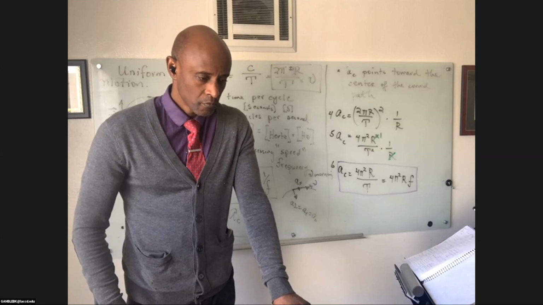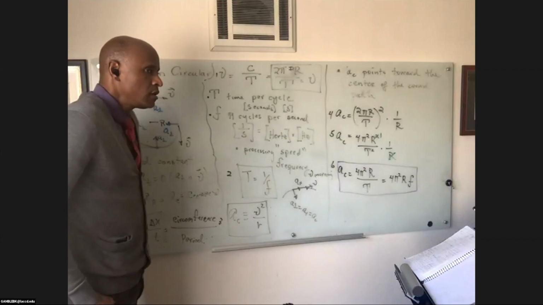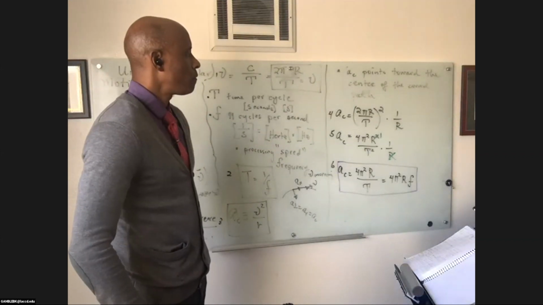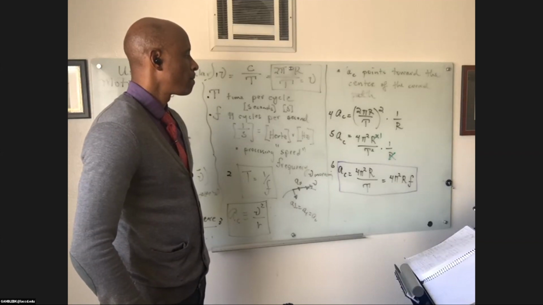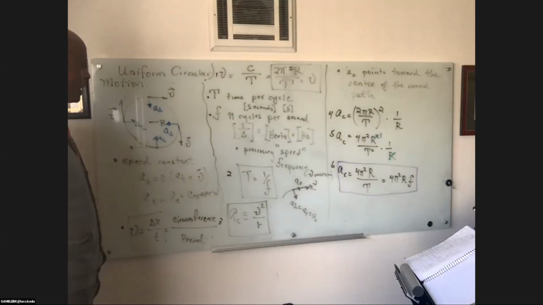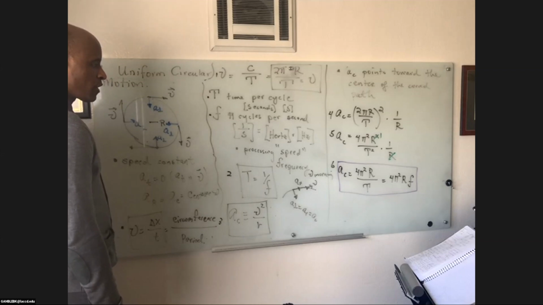So you're going to see problems like this. Let's say you have a windmill, and the windmill is turning. It makes 1 revolution every... so we need the radius.